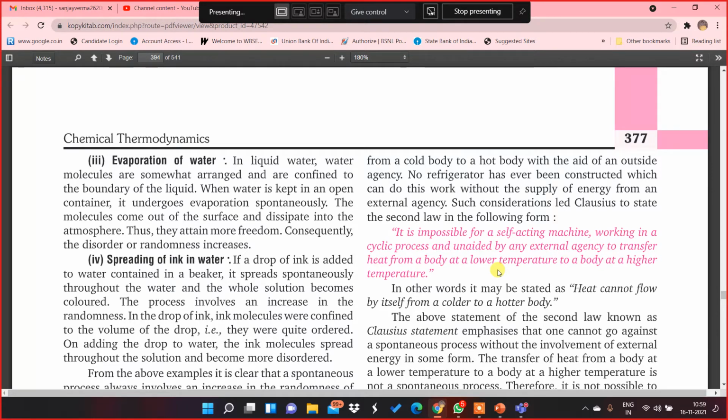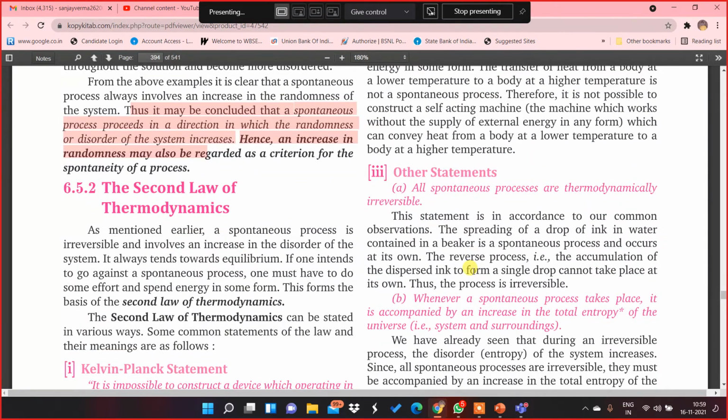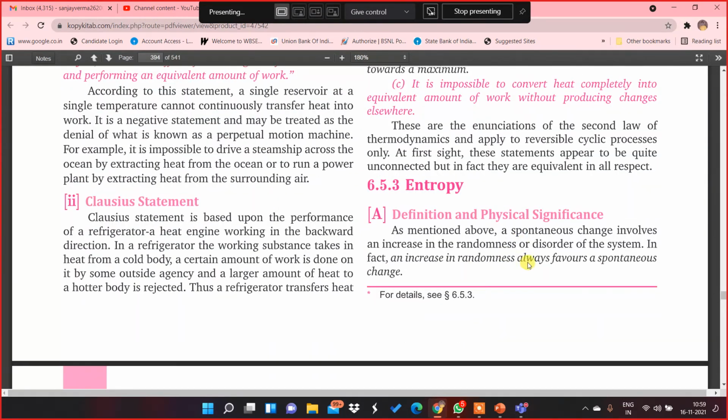So to do this, it is always important for us to provide assistance to the self-acting machine. This was according to the next fellow, which is called the Clausius statement.